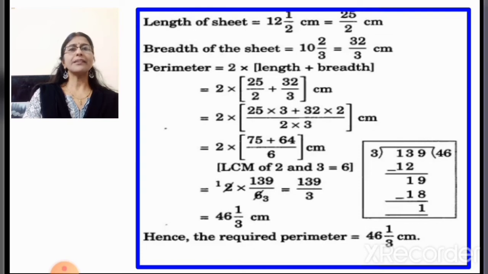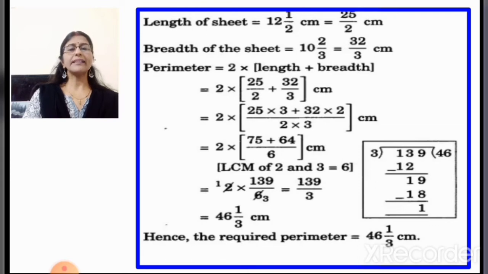Now, next step, third step, you see 2 multiplied by 25 into 3 is 75 plus 32 into 2 is 64, over 6. Now, when you add 75 and 64, you will get 139.